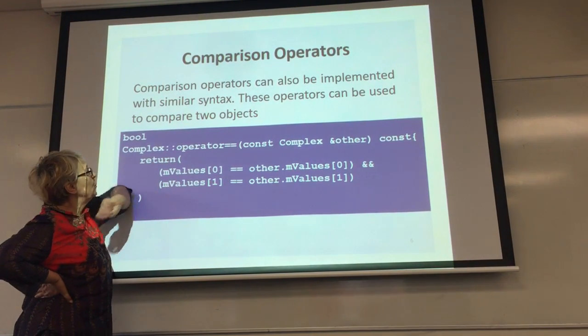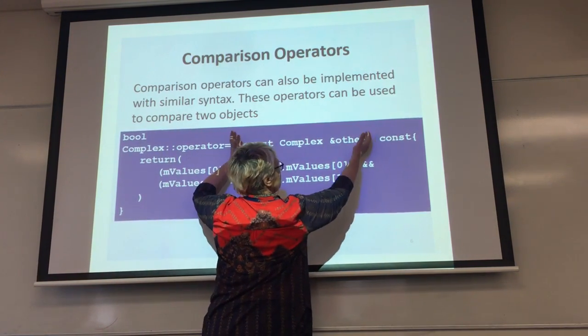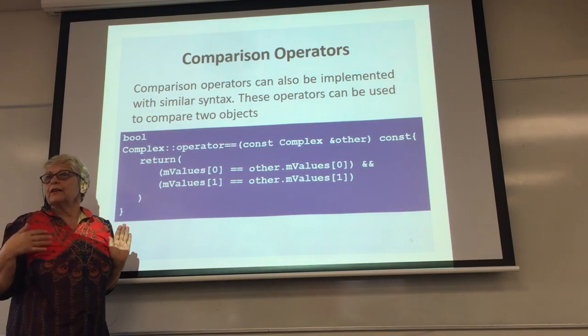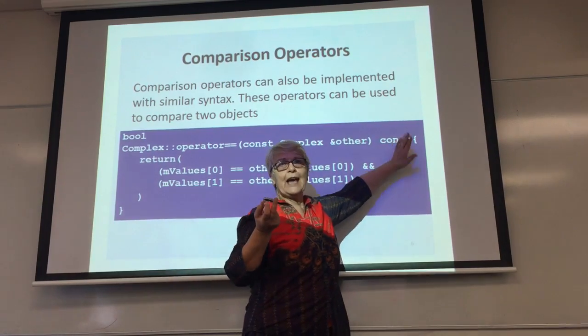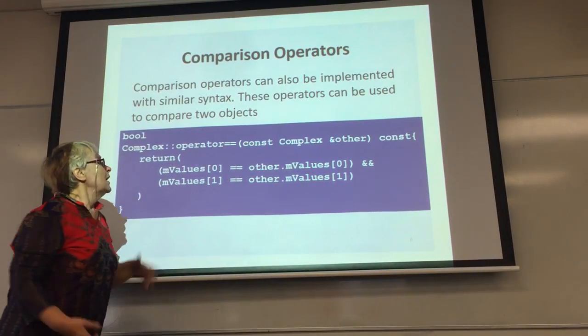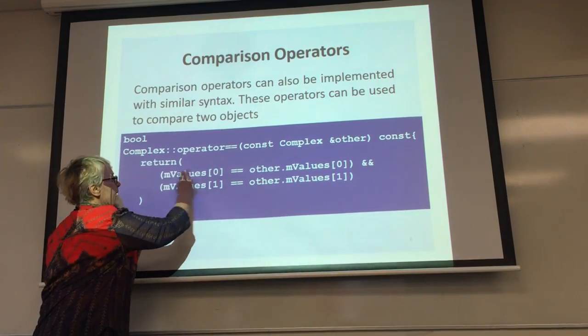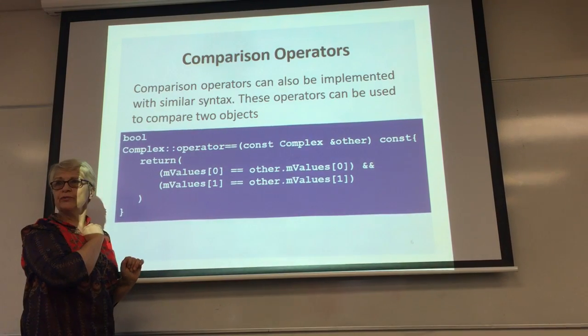When you compare the current complex value with this complex value, neither changes. You return true or false, whether they are identical or not. Therefore, as a member function, it has to be constant. And this tells the compiler, I am not changing this value. I am not allowed to change this value.